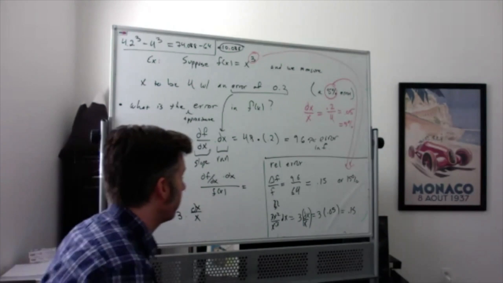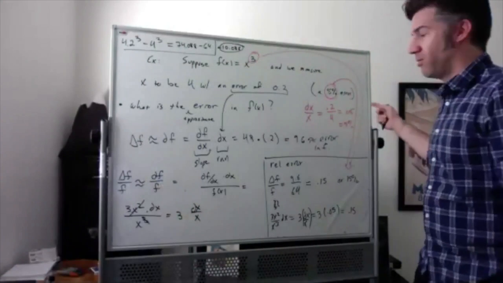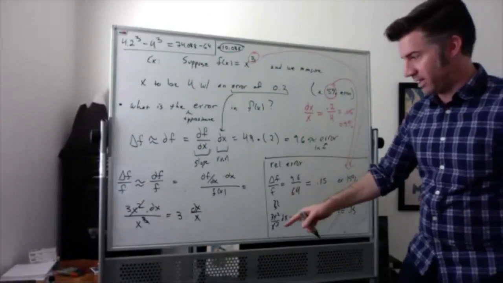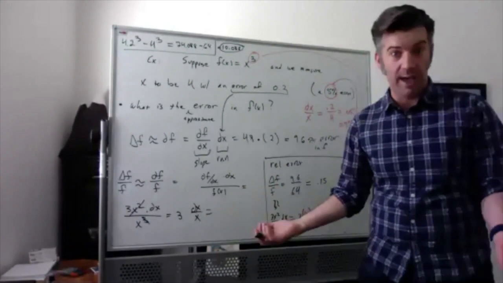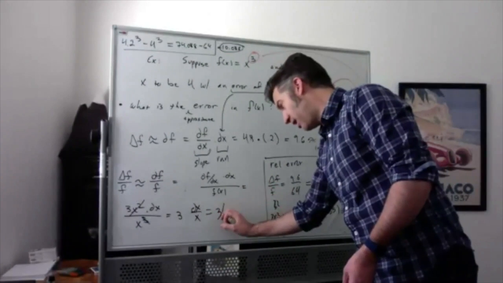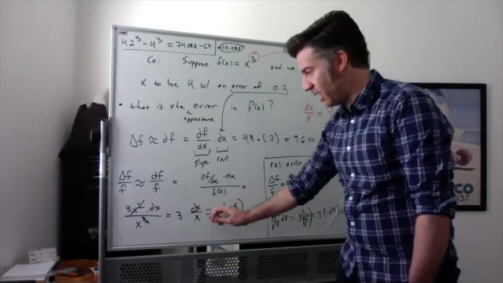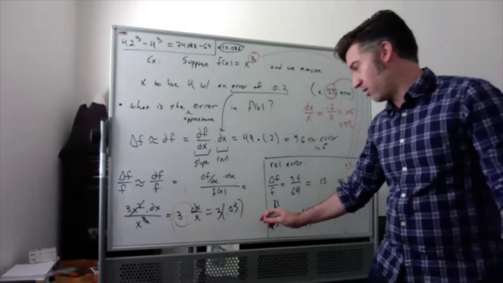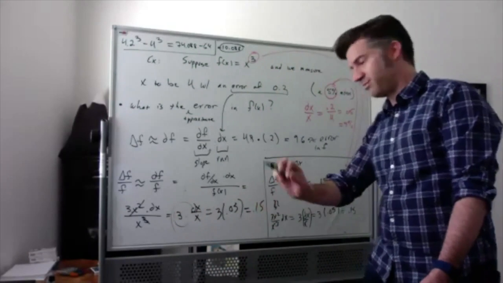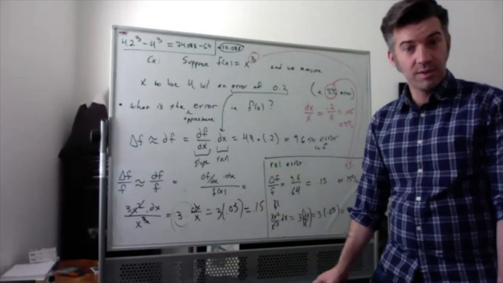Exactly. dx over x is 5%. 5% was the error in x, that's the change in x divided by x. So this is 3 times 0.05. And so exactly that 3 that we're multiplying by is multiplying the relative error. I'm getting 0.15. It's kind of cool.